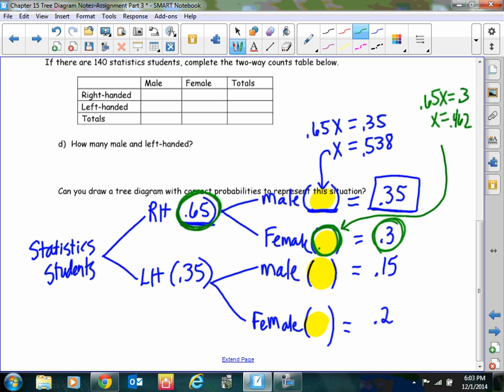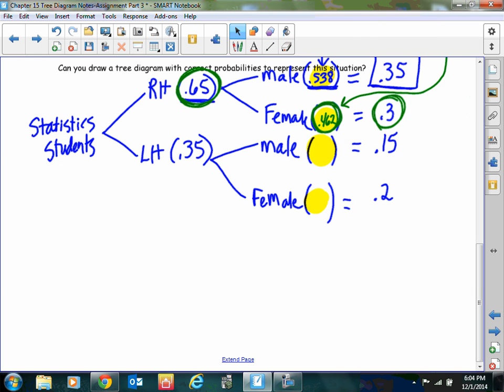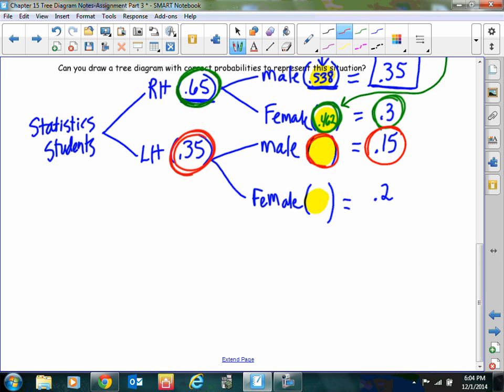So that's how we get 0.462 here, whereas our number up here was 0.538. And you can do these other two problems the same way. Let's do left-handed males. 0.35 times some number gives you 0.15. That makes that number 0.429.